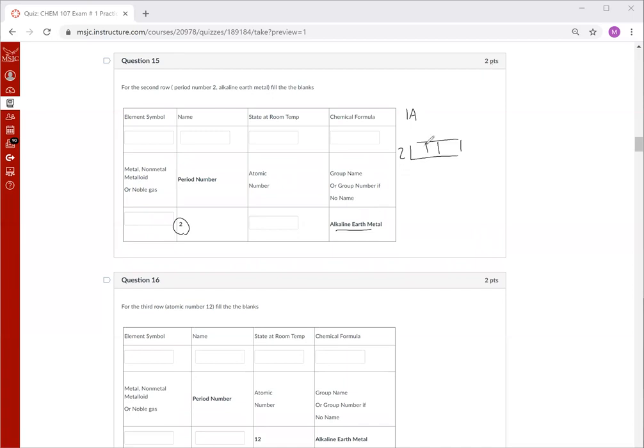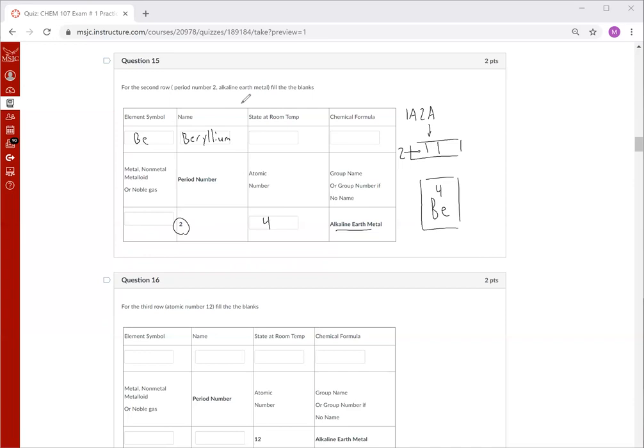Yes, this one would be beryllium. The group number would be 2A, and if we find the second row in the second column, we'd find beryllium. Exactly right. And beryllium, if we look at its atomic symbol, has an atomic number of 4. Its symbol is Be, and its name is beryllium.